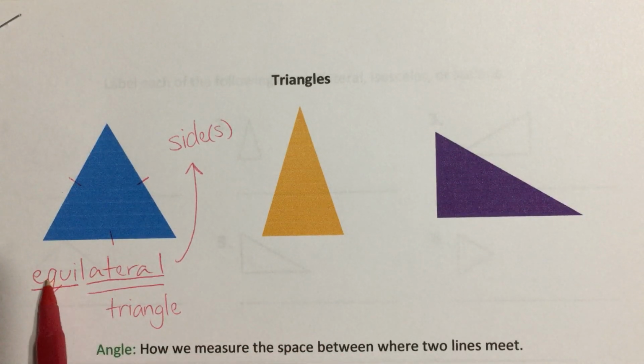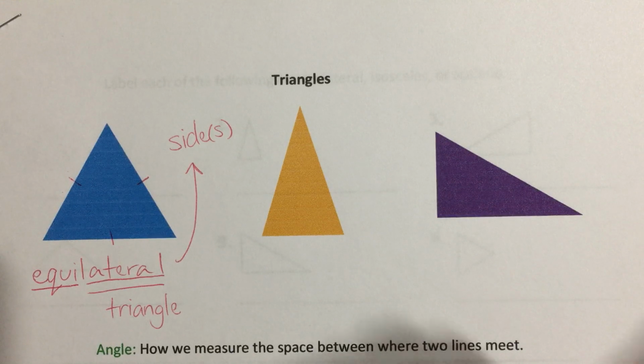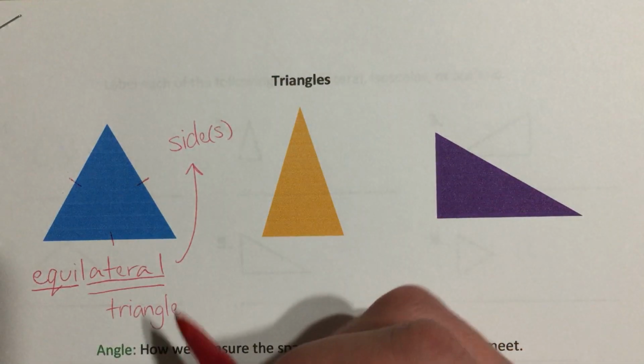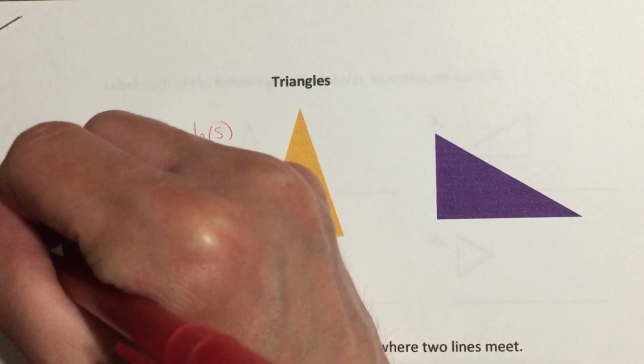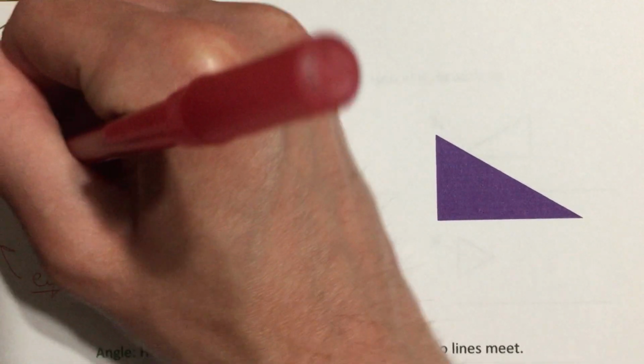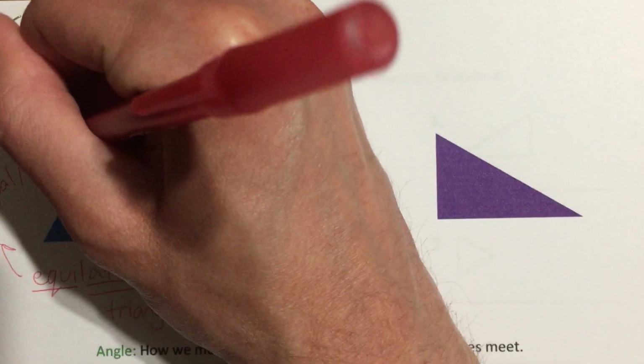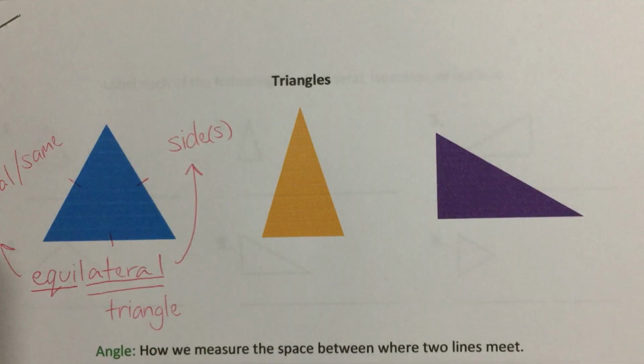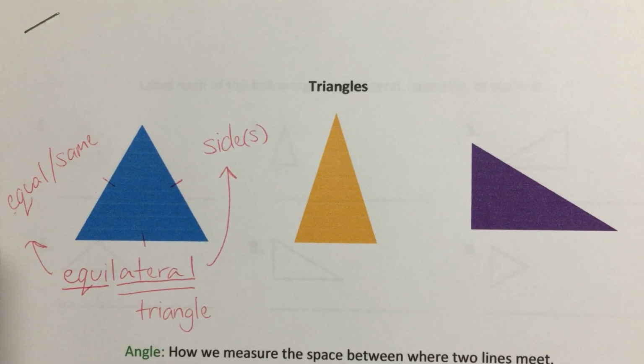This one starts off with equa. Back when we were talking about addition or subtraction, we had a word that started with equa as well. And we decided that that little root equa meant equal or the same. And we'll move that over so you can see what I mean there.